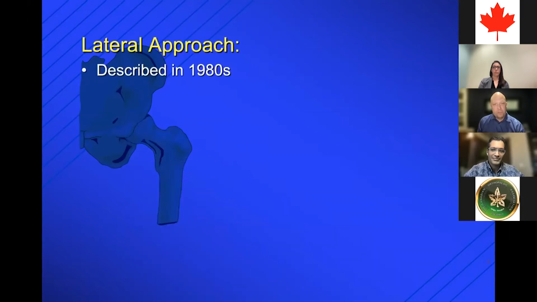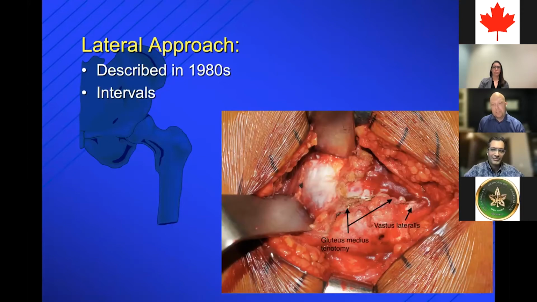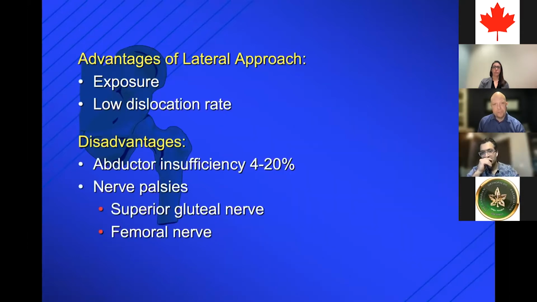For the lateral approach, this originally came out of Europe in the 1980s. Your incision is generally more centered over the trochanter with no curve posteriorly. It's more in line with the femur. You're going to split through tensor fascia lata, and then some varying degree of split of the abductors, be that a 50-50 split or an anterior 1/3, posterior 2/3 split, depending on surgeon preference.